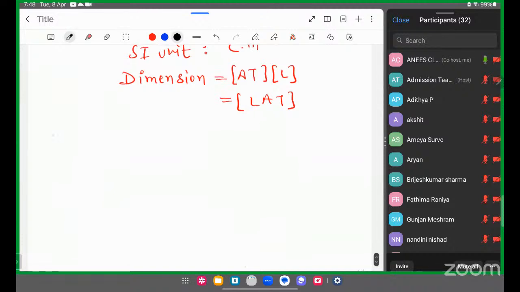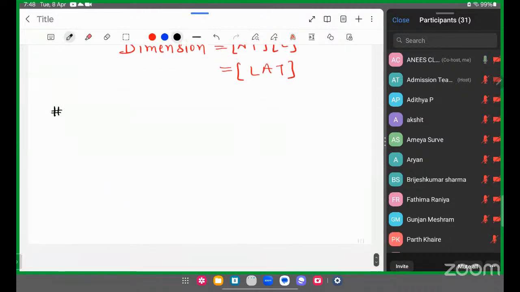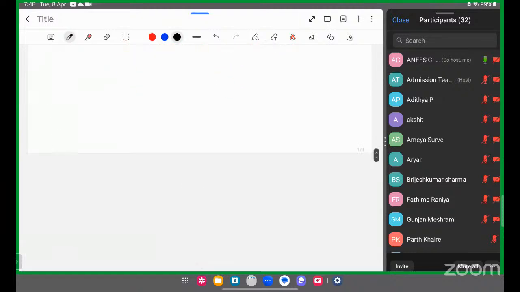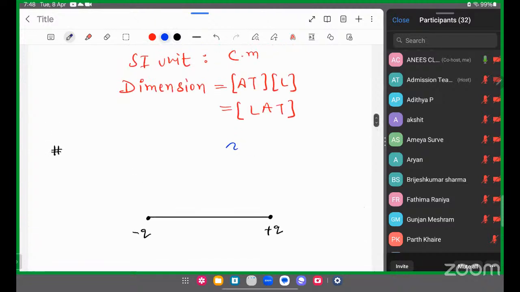Next point is the values of electric field and electric potential on the axial line and equatorial line of a dipole. Let's say this is an electric dipole with charges minus q and plus q, and there is a point in space. It may be anywhere.